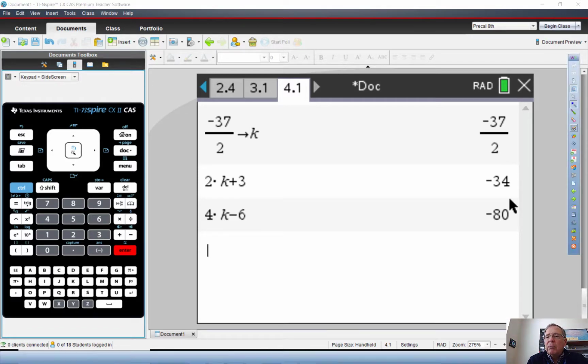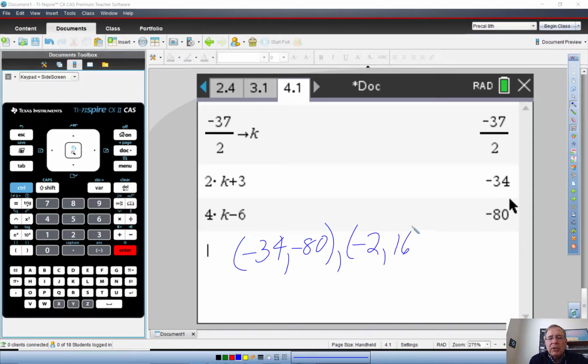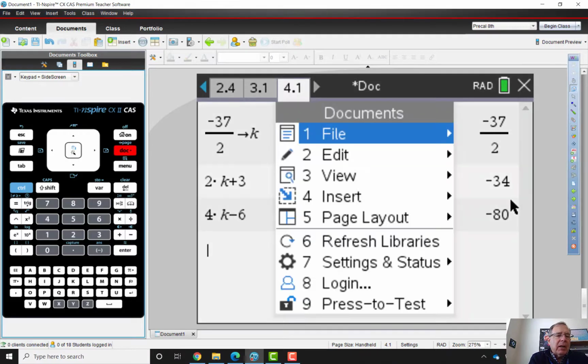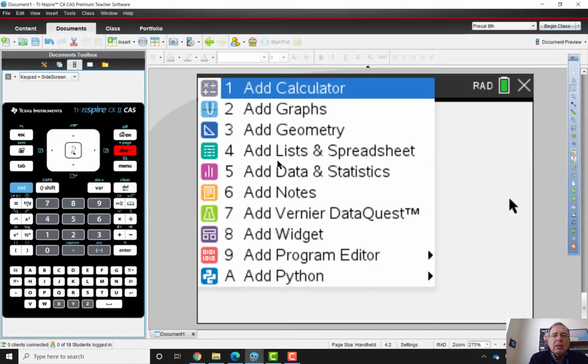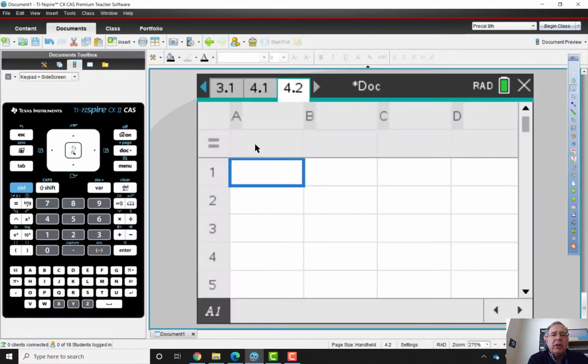So my 2 points are negative 34, negative 80, and then what was given to us in the problem, negative 2, 16. So to check that the line going through those 2 points actually has a slope of 3, I'm going to add a list and spreadsheet page.